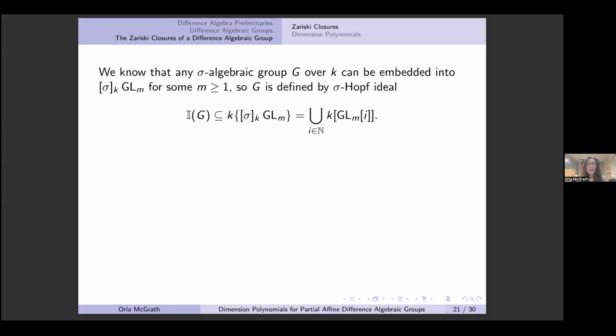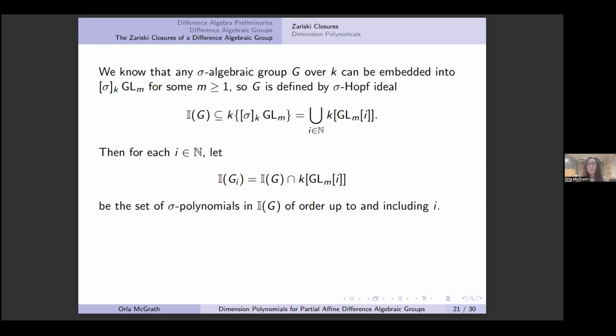And so for each natural number, we can cut down our difference Hopf ideal to look at just the difference polynomials up to a certain order. We'll see an example of how this works exactly here in a second. But we have our defining ideal for a difference algebraic group, and we've almost cut it up into the defining ideals of lots of algebraic groups.